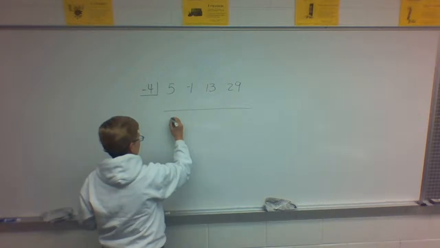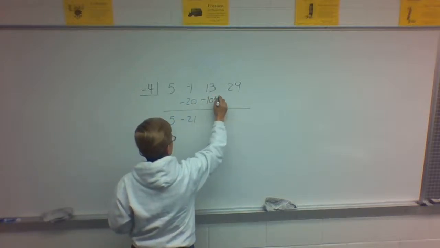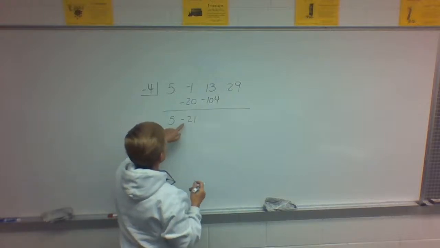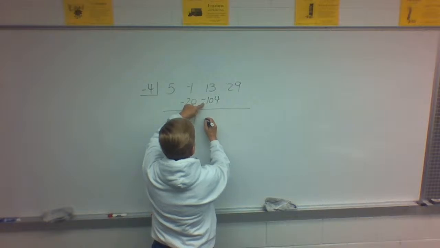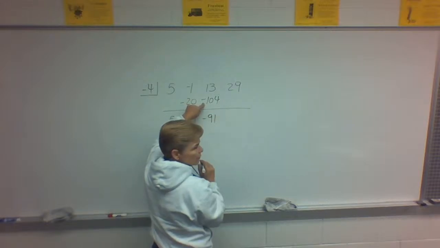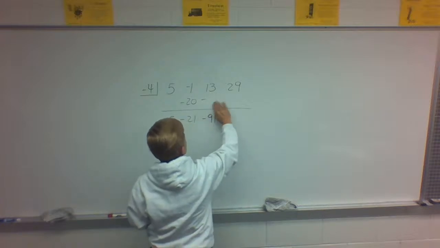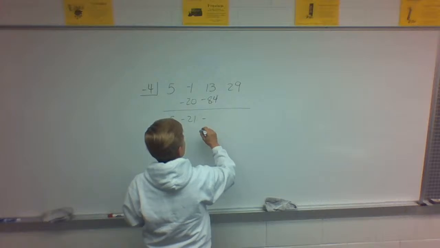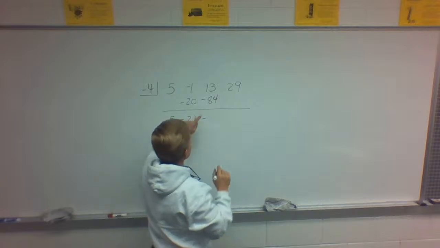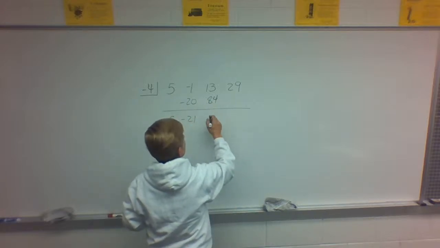Here we go. Bring the 5 down. -20, -21, -104. Is that right? -104. Minus 14 would be 90, so what's that, 91? Is that right? No, it should be 97. Okay.